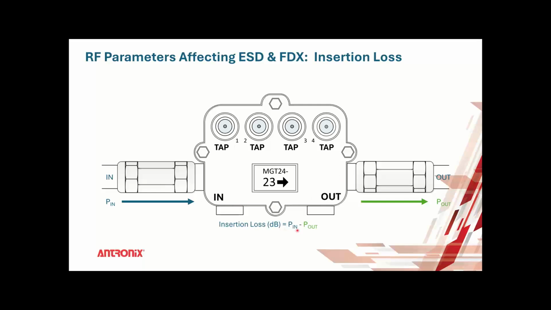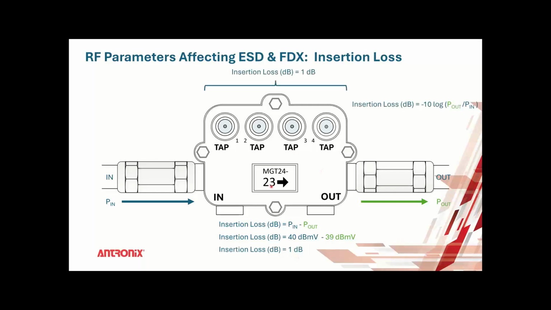So the insertion loss is the power in minus the power out. If I have a signal level of 40 dBmV going in, and coming out is 39 dBmV, I have an insertion loss of 1 dB. That means 1 dB is actually lost in the tap. You want insertion loss as low as possible to have minimal loss through the tap.